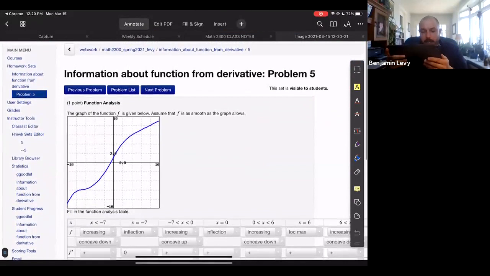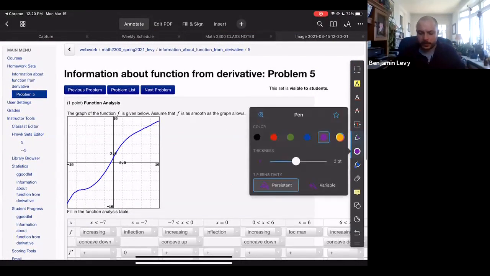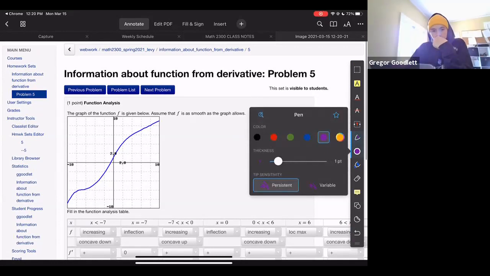Yes. I just meant there were some graphs that have a straight part and then they get curvy. I see what you're saying with the inflection. I just mean it's not as confusing as it could be, believe it or not.